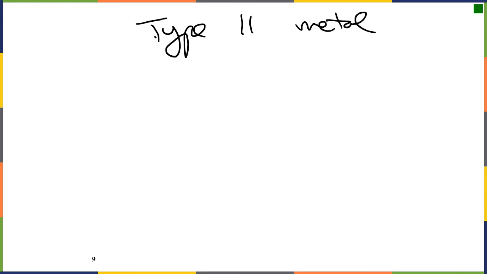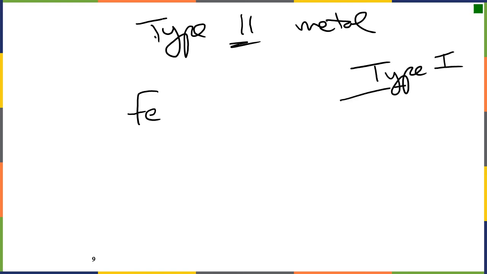So what's the next step? Well, the next step is if we consider our type 2 metals. Type 2 metal means it has more than one possible charge. So what would we mean by that? Well, iron was not in that list, so make sure you memorize which ones are type 1.